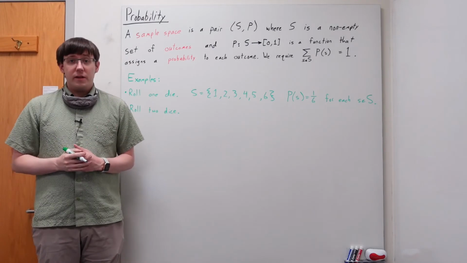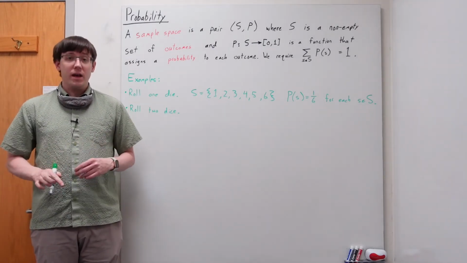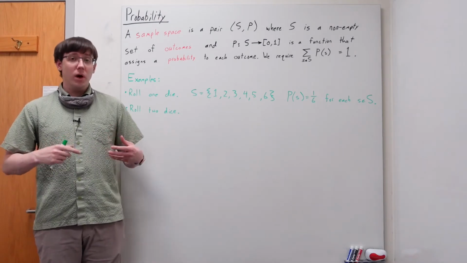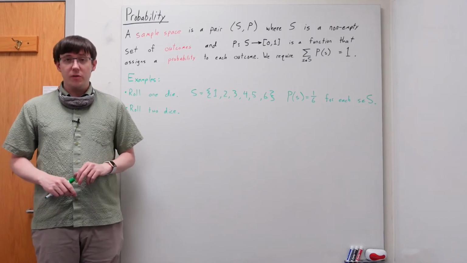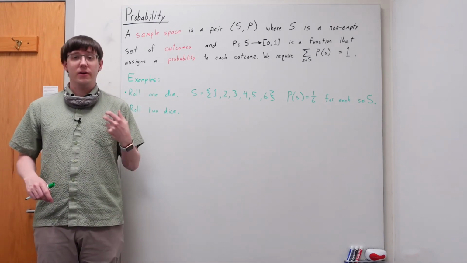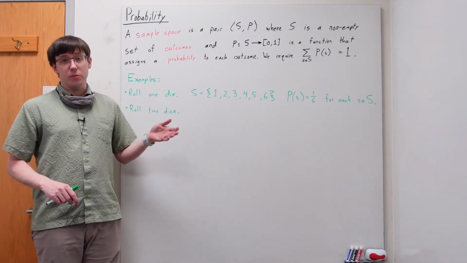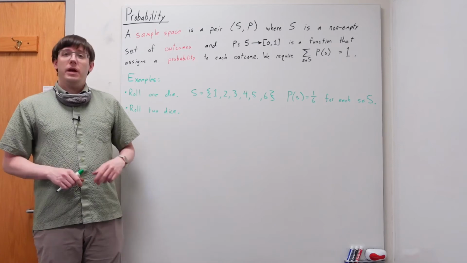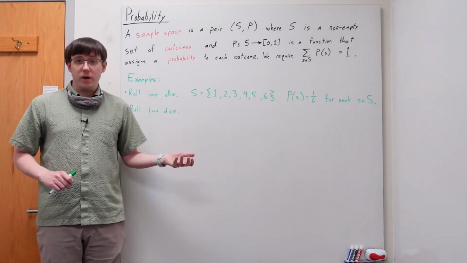We could make it slightly more complicated and think about rolling 2 dice. And here we have a choice as to what we want the outcomes to be. The most natural choice might be to have the total showing on the 2 dice as our outcomes. So then we would have outcomes ranging from 2 to 12, and we would need to figure out the probability of each of those outcomes.